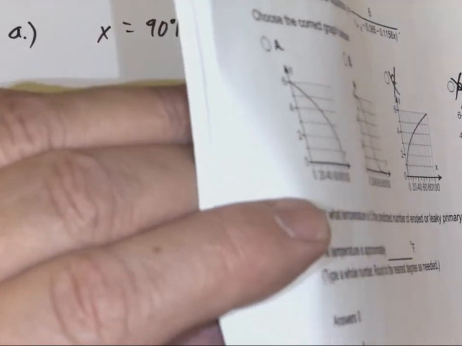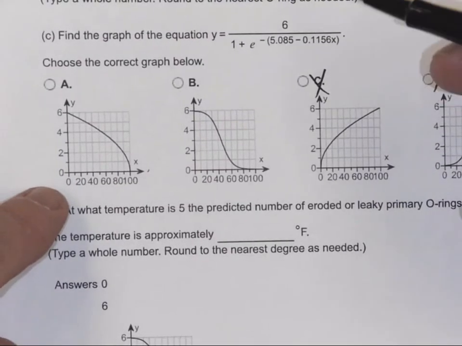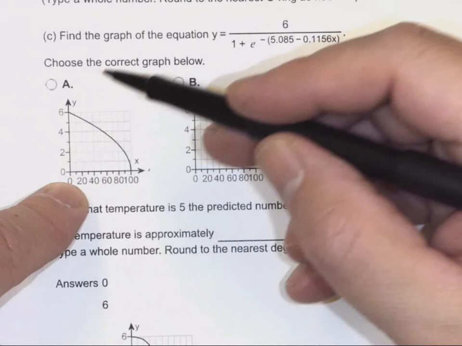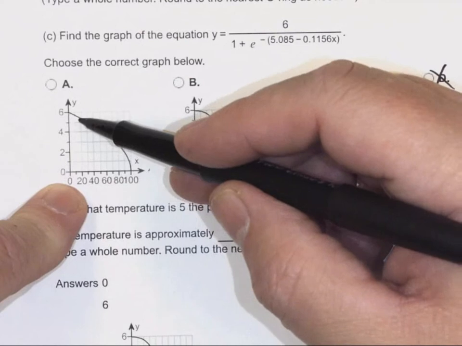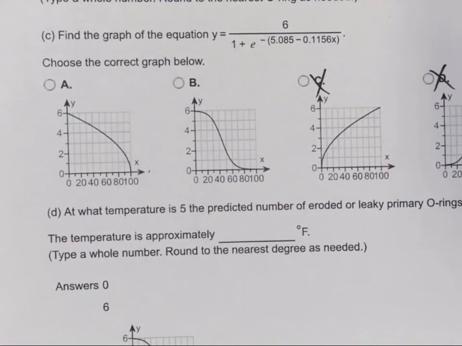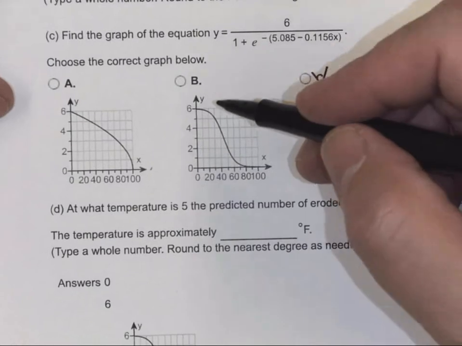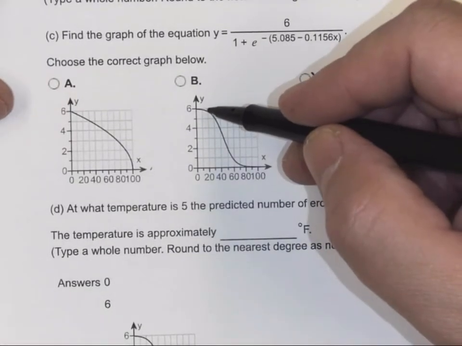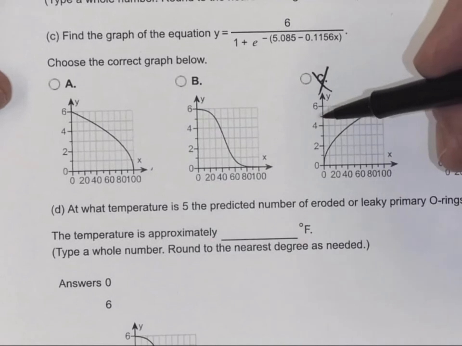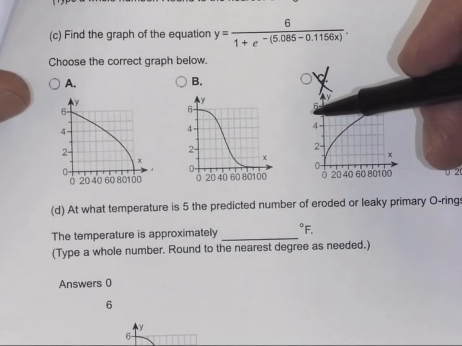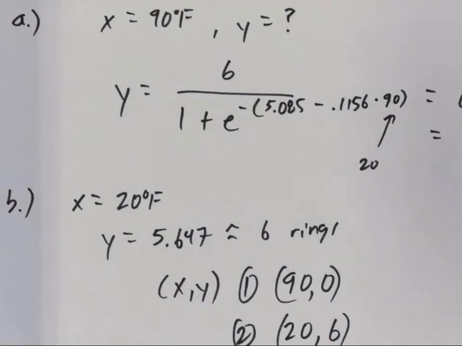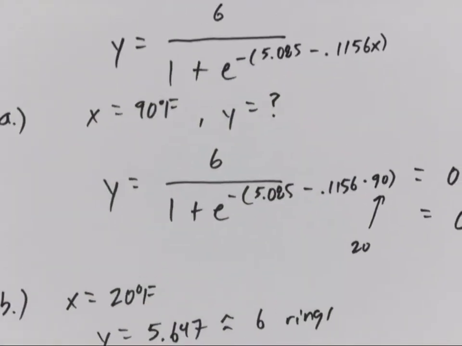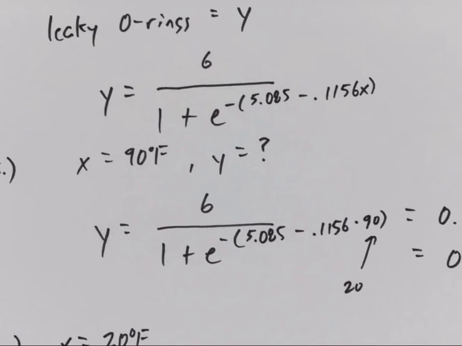My second point is 20 and 6. Now, it's not exactly 6. So this is 20 up here. This is 20 here. My guess is maybe it's B, but I wonder how I'm supposed to know for sure. I guess if I look, my extra calculation was 5.647.